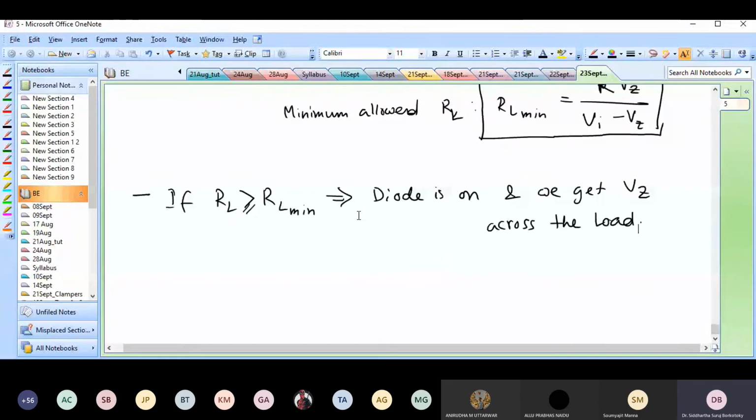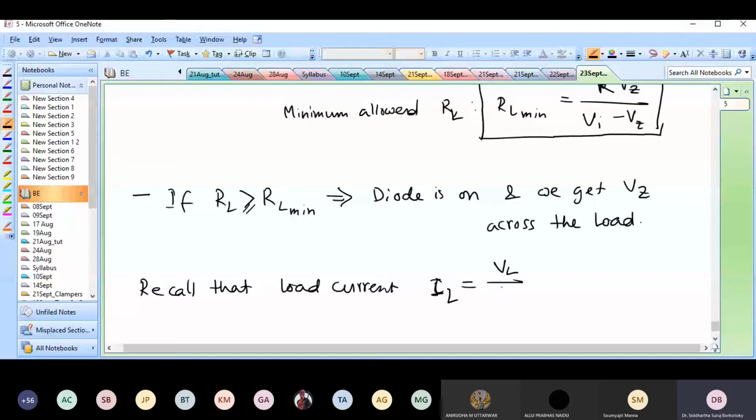For example, what is the load current? The load current IL is VL by RL, which is Vz by RL. VL is just Vz in the diode on condition.